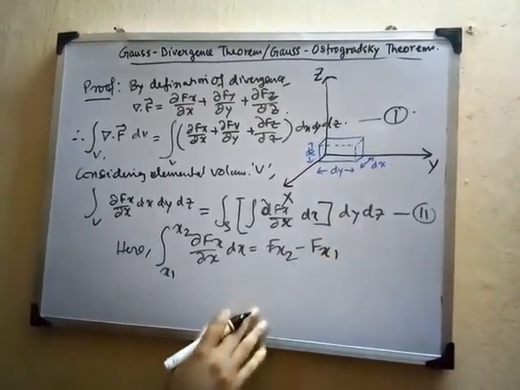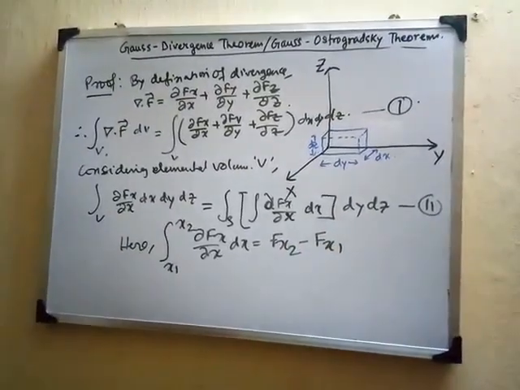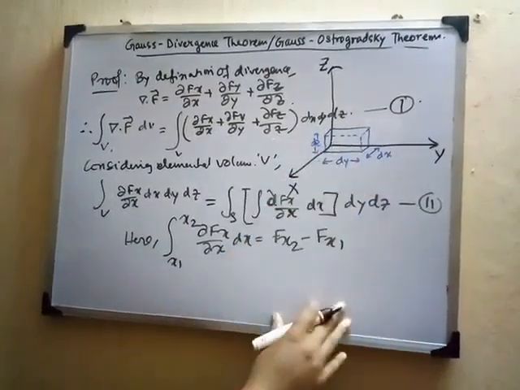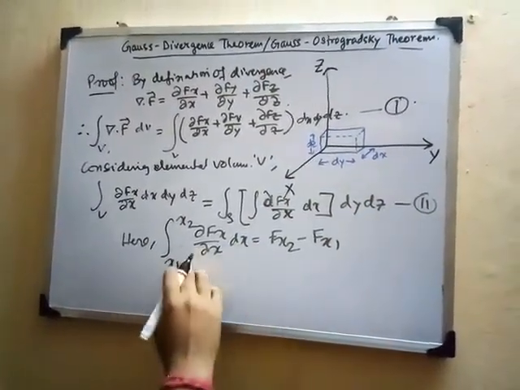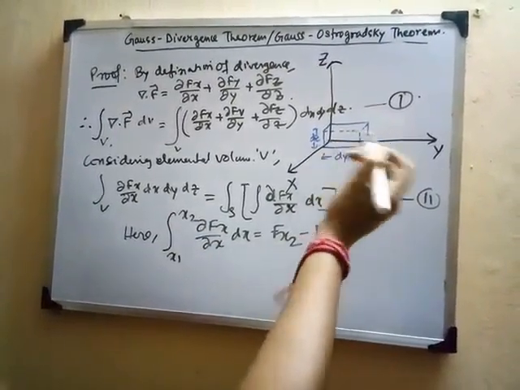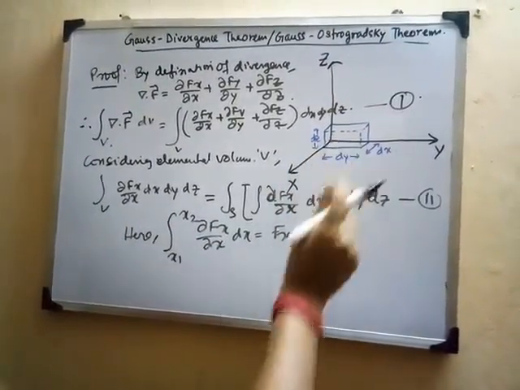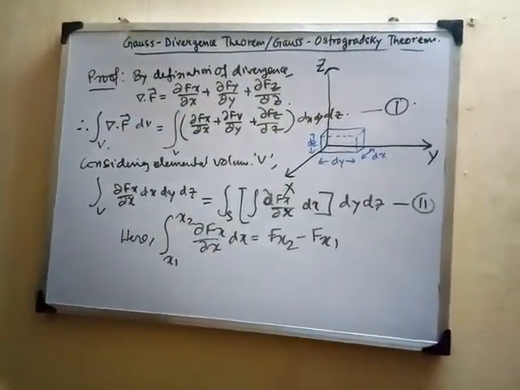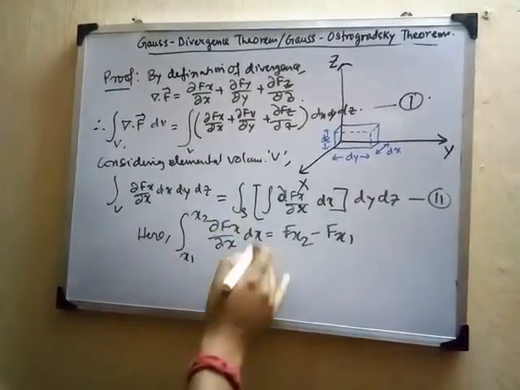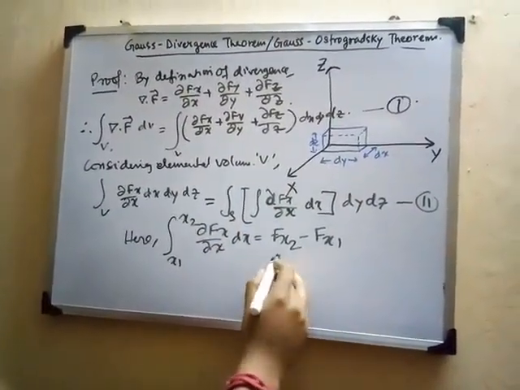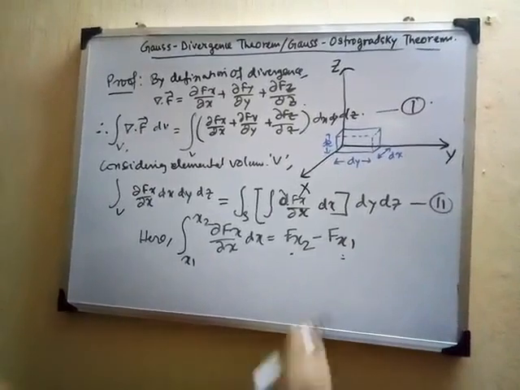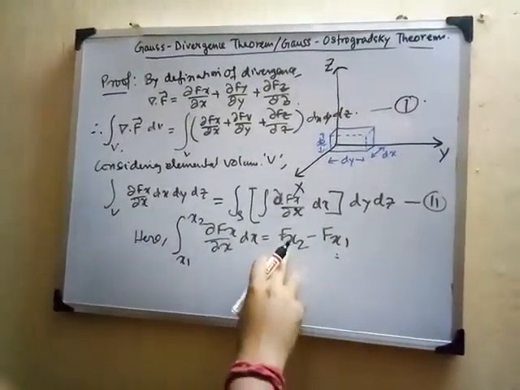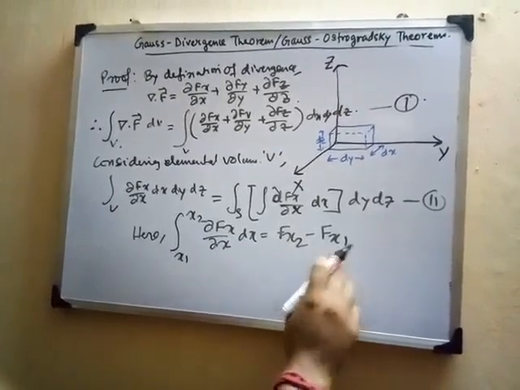That is what we have written here: in the x direction, from x1 to x2, suppose this point is your x1 and this is x2, the differential of the vector fx, only in the x direction, by definite integral we have calculated as fx2 minus fx1.